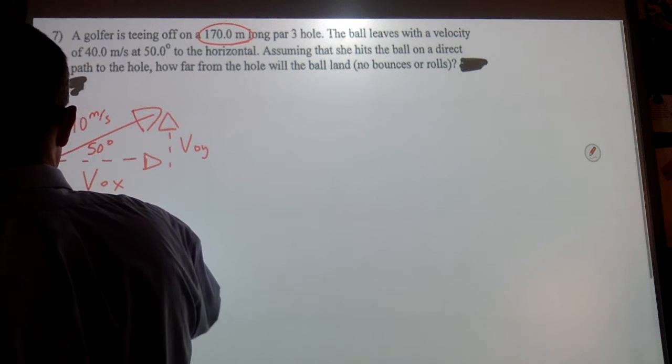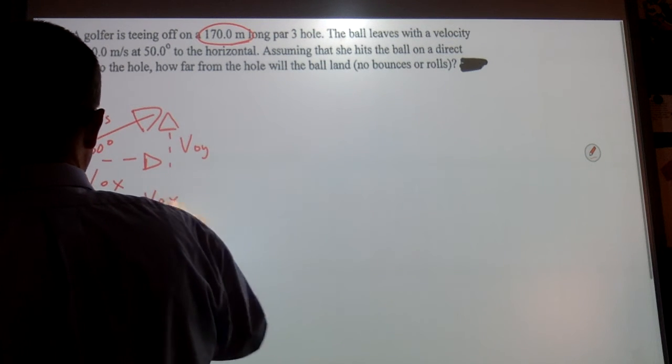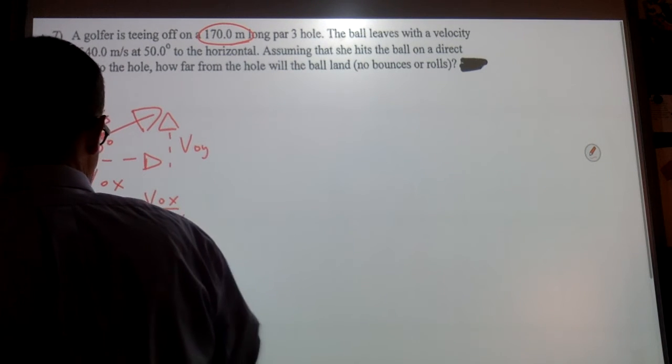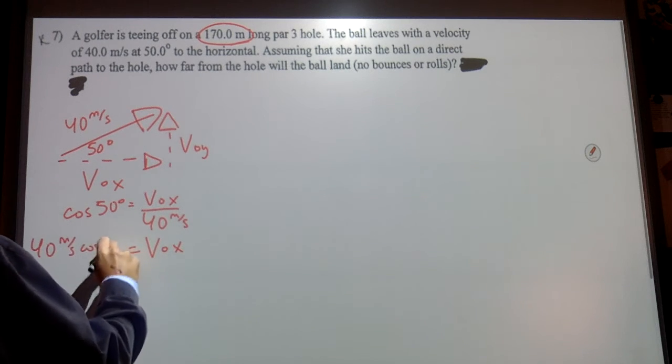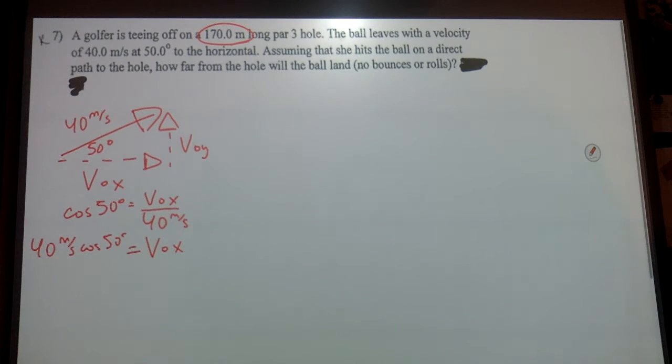So cosine of 50 is going to be v naught x over 40. So I would have 40 cosine 50. It's 25.7.